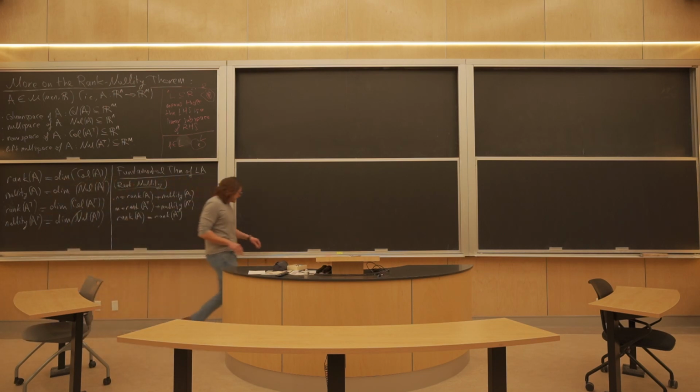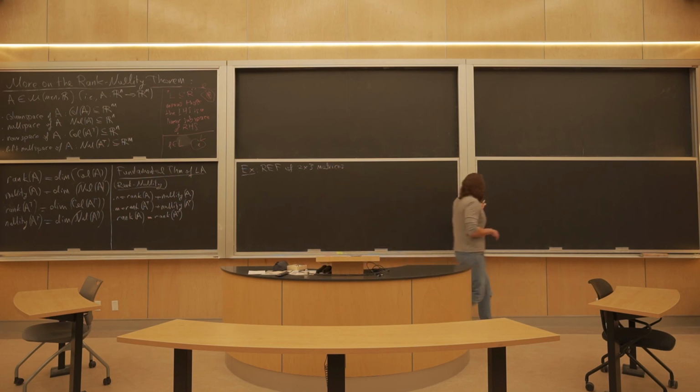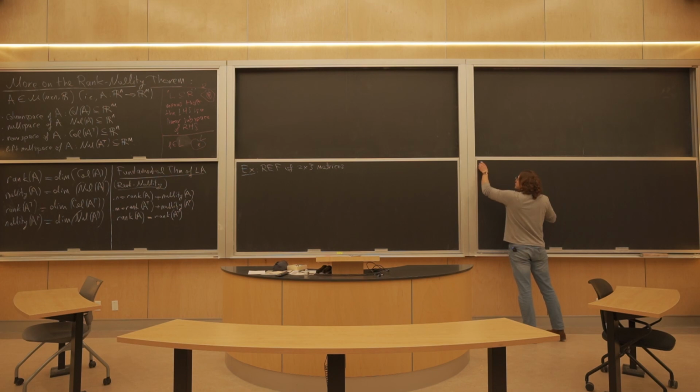Just so that we're clear, let's do an example with the 2x3 matrices. So let's say reduced echelon forms of 2x3 matrices. And let me write here reduced echelon forms of 3x2 matrices.